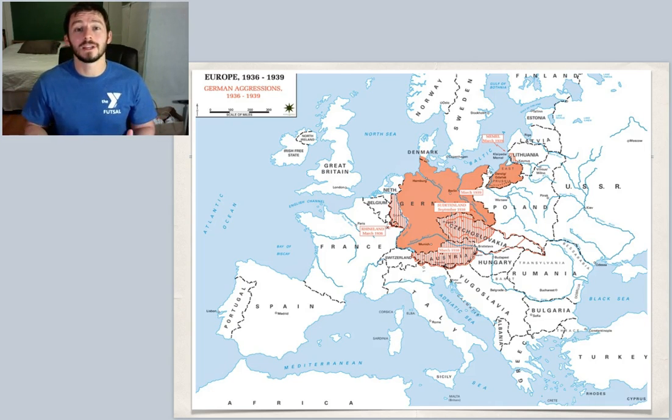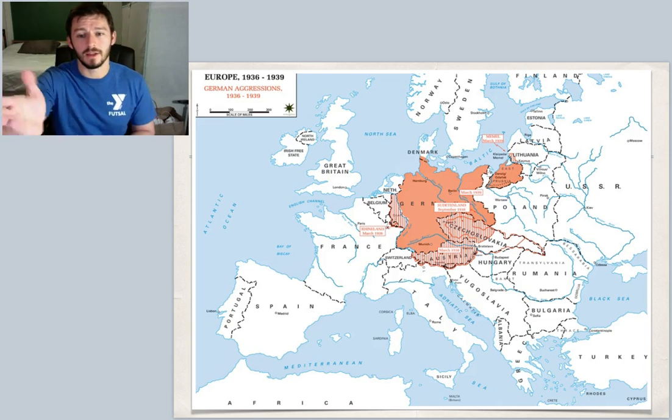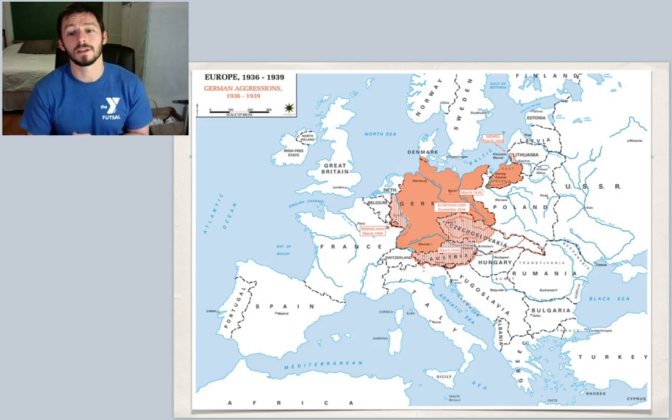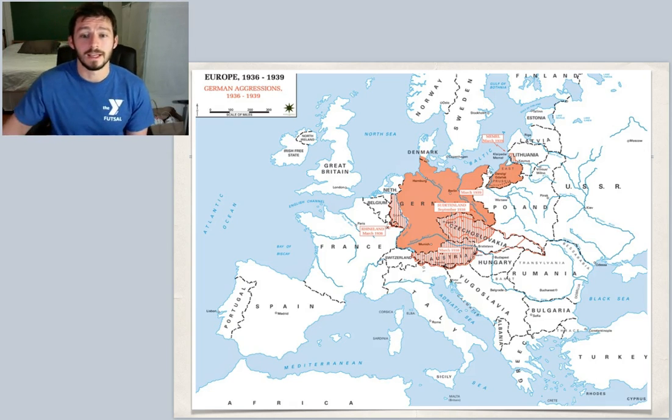Austria, as you know, was actually Hitler's country of birth, so he wanted to bring them into the German Reich, and there you can see the Sudetenland, that part of Czechoslovakia, basically the western half of Czechoslovakia, he will expand into as well. And you'll notice now the neighbor to the east of Germany, Poland, is probably getting a little nervous, as they should be.